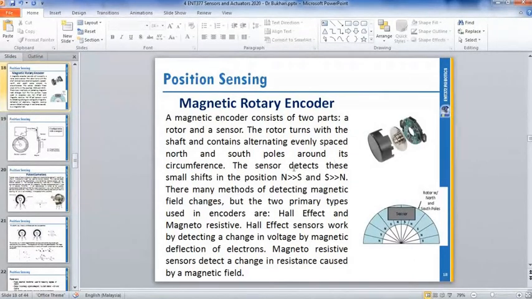The sensor detects this small shift in position, north to south and south to north. There are many methods to detect the magnetic field change. When you change the pole, you start counting: plus 1, plus 1, plus 1. So you start counting.